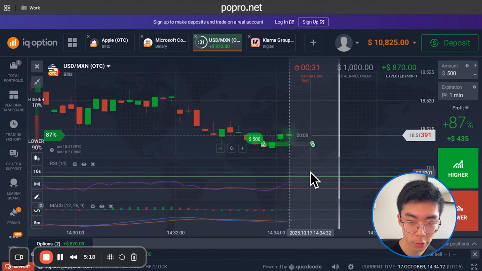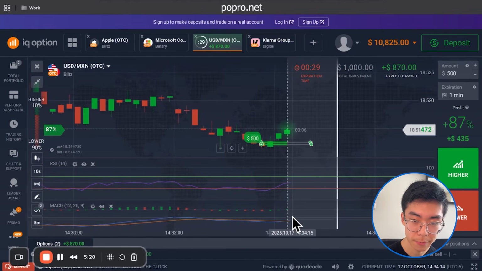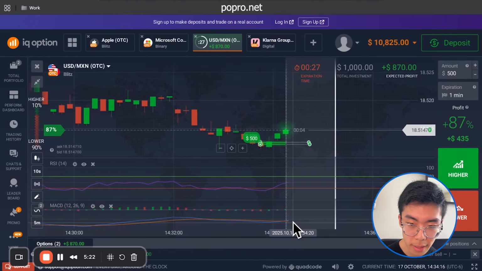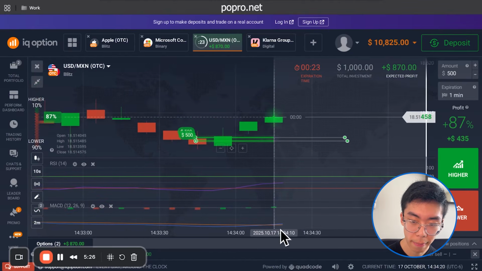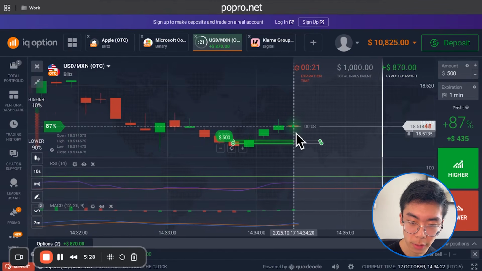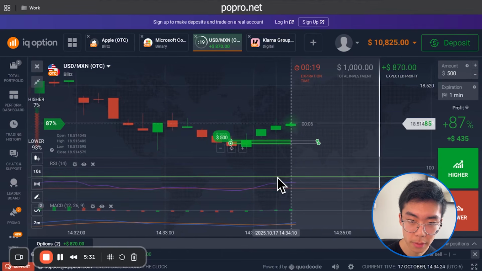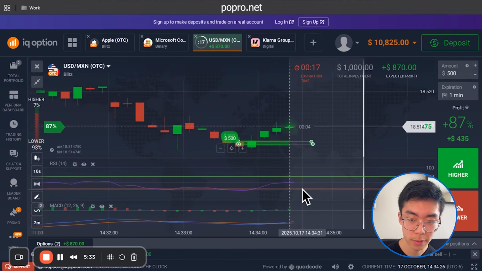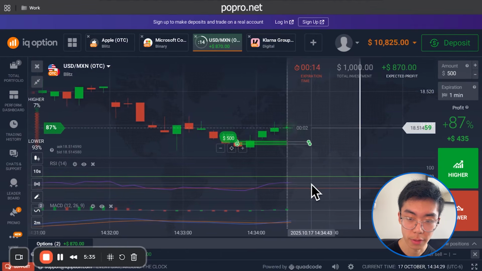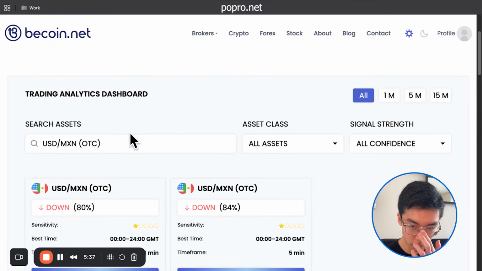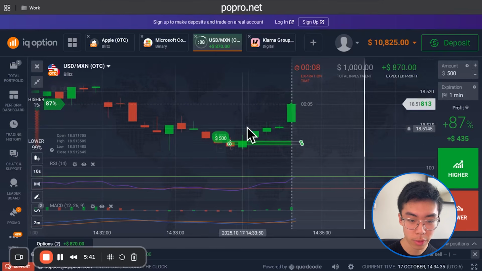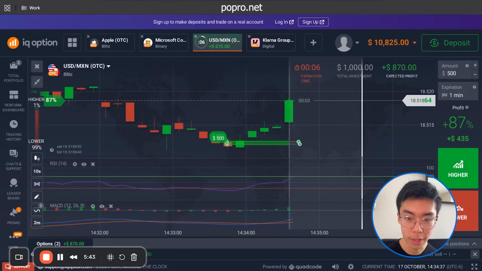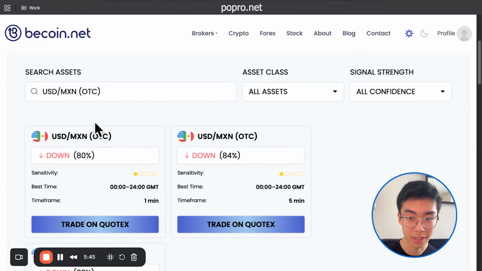So we have about 30 more seconds here of it to go up. And we see a crossover happening right here relatively soon. And there we go. I do think that crossover did happen. So about 20 more seconds left. I am fairly confident that this will succeed. And with Becoin.net, now in the next minute of this exact moment right here, it's expected to go down.